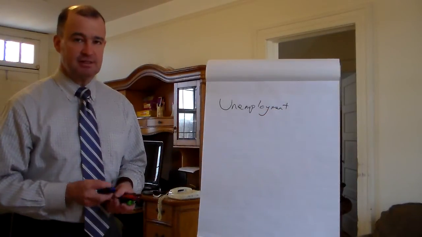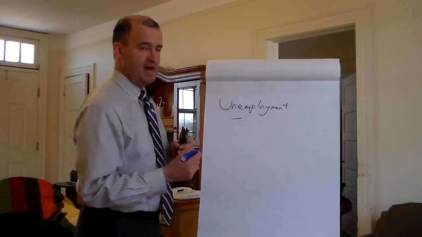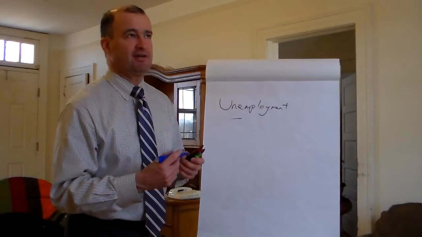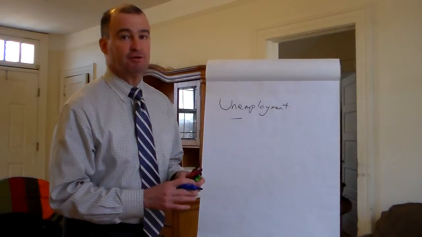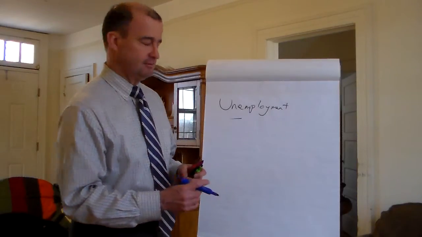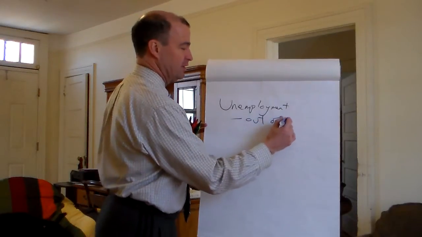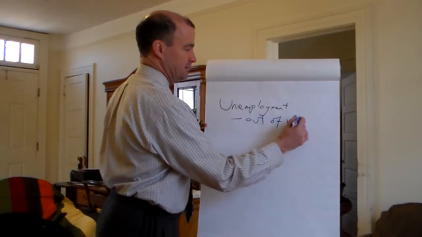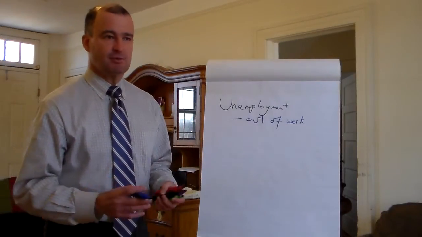To an economist, unemployment has to have 3 criteria, 3 aspects in place, or else a person's not really unemployed. Obviously, someone who's out of work is someone unemployed.